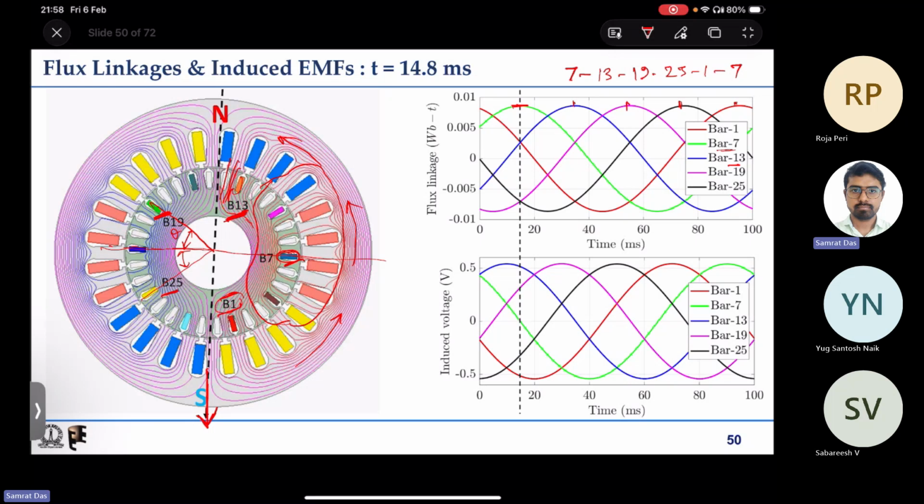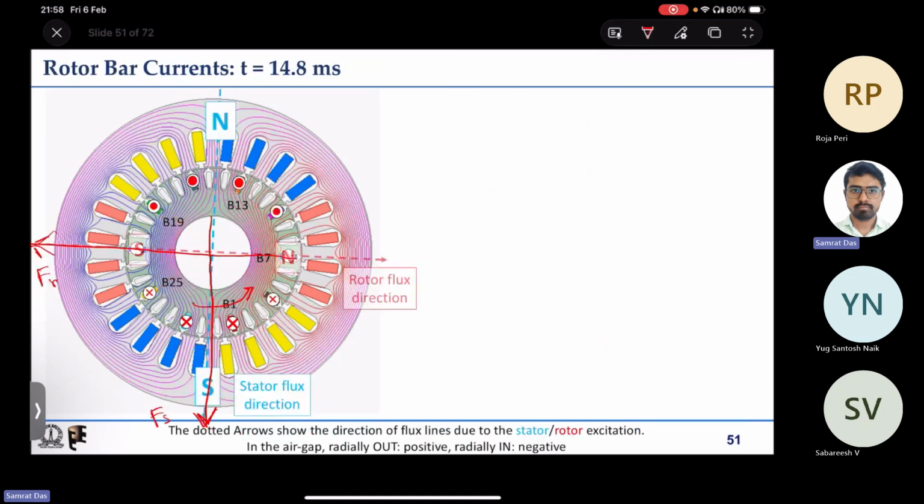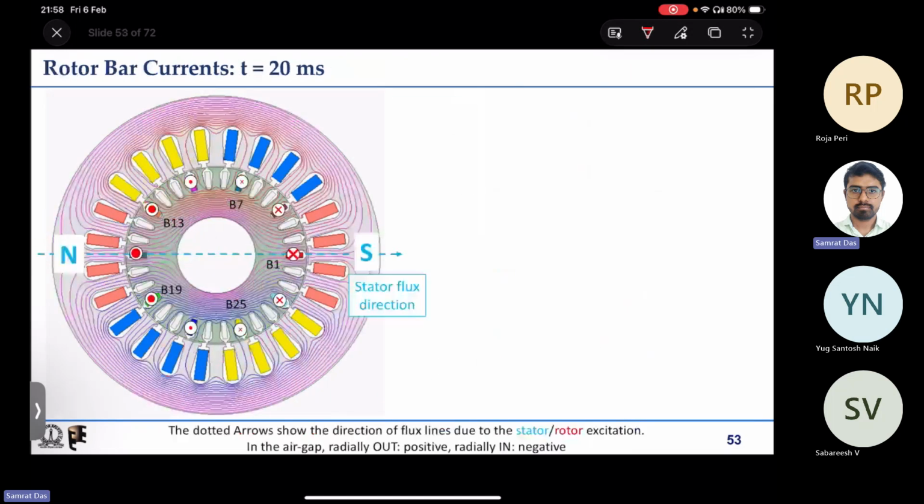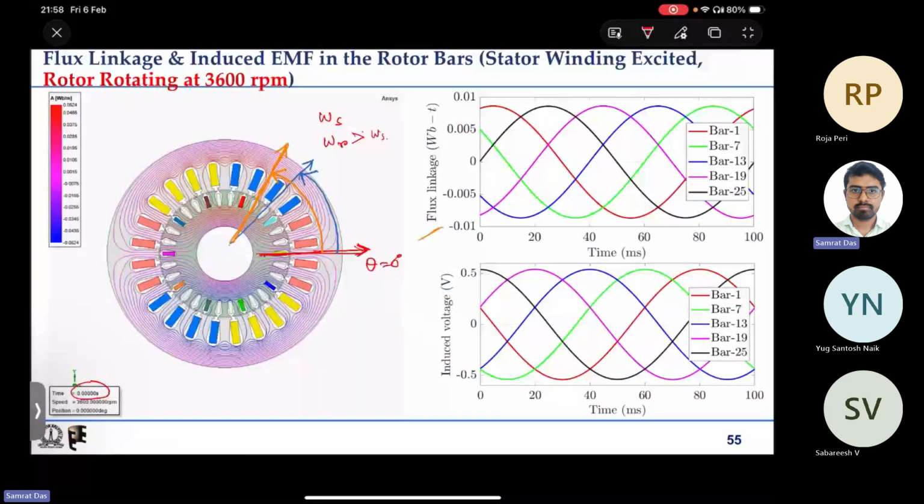So for an example, if it is only 3 phases, say a wound rotor machine, it will be some RYB, say. Now in this case, can you look at what is the sequence? Say this one we take as reference, 25. What is the next?